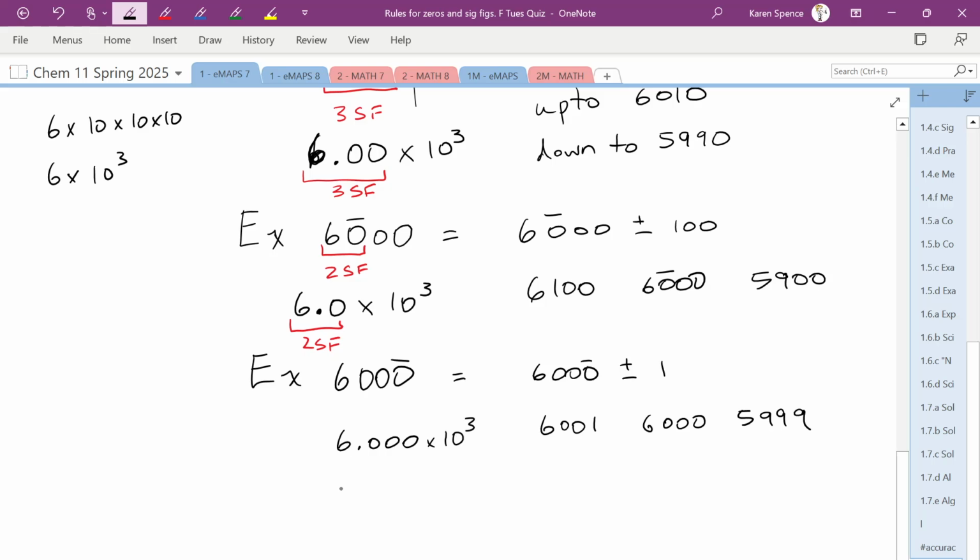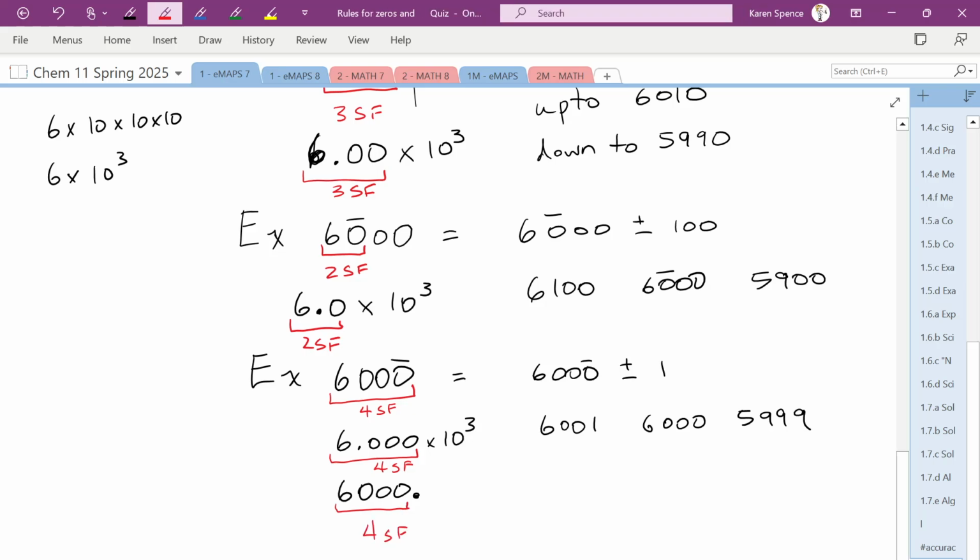Or if you wanted to, you could write it as 6000 with a decimal, which would also indicate that that last 0 is significant. All of these have 4 sig figs.